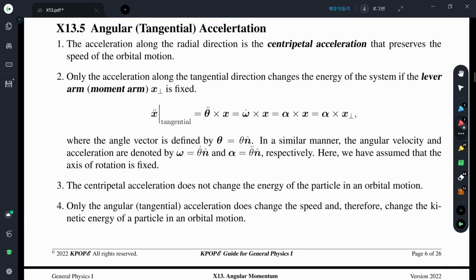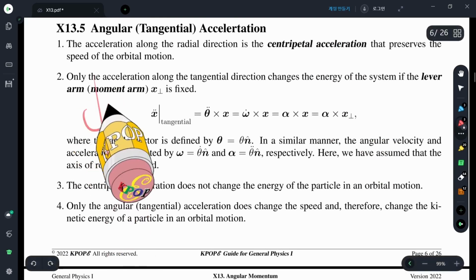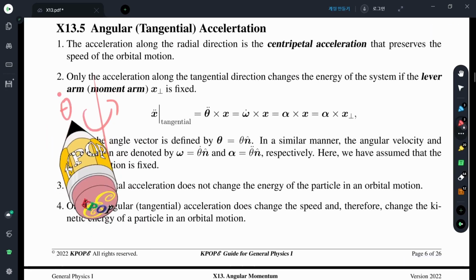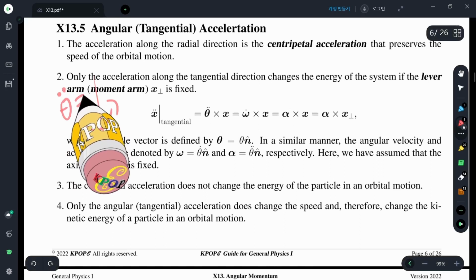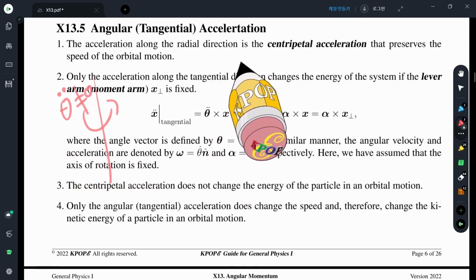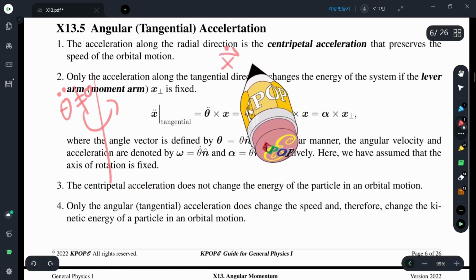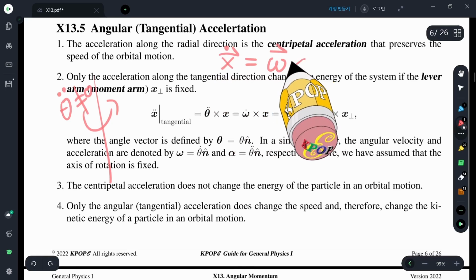In general, it is possible to have a variable angular velocity. So omega dot does not have to be 0. In that case, we have the velocity still omega cross x.